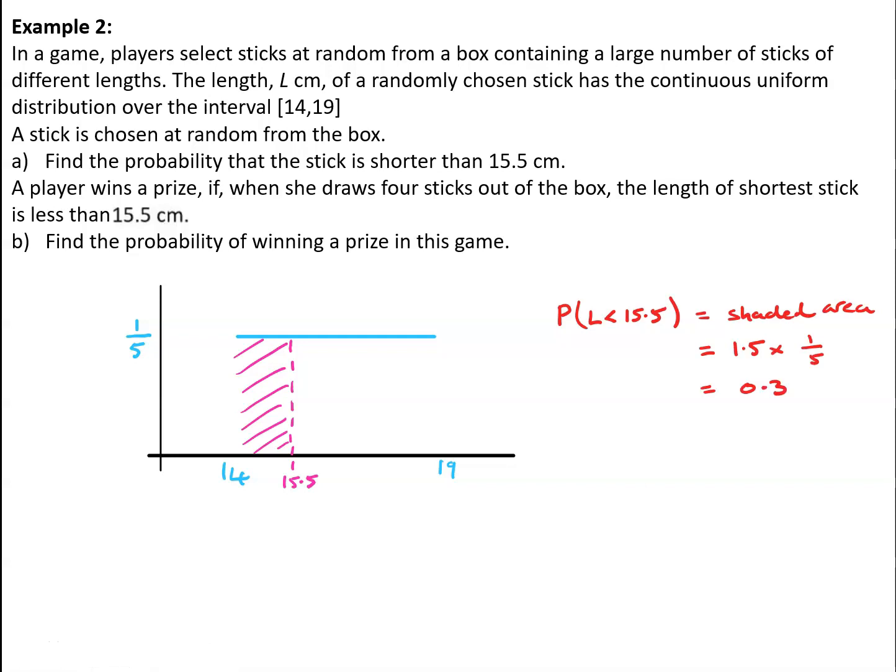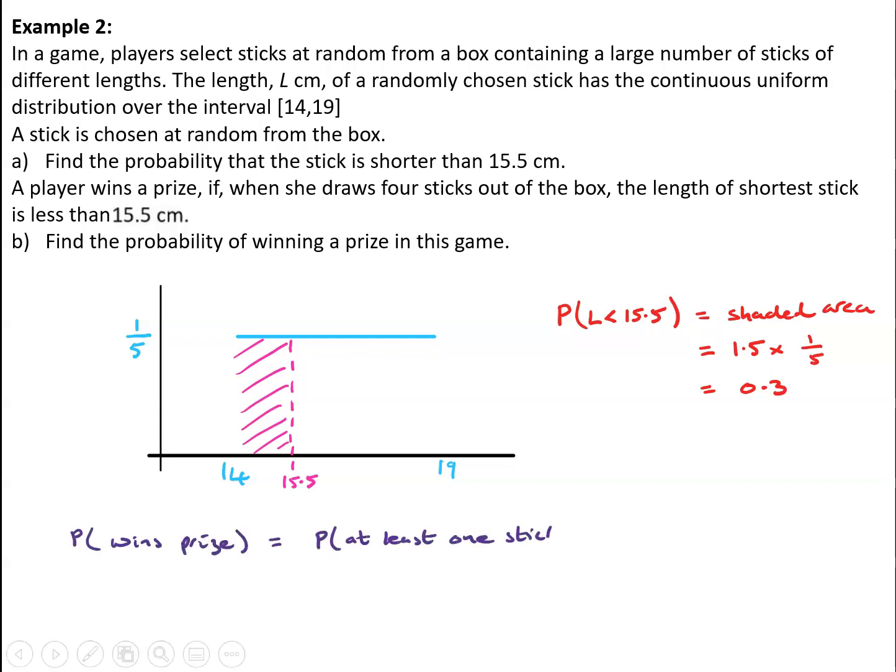Now, a player will win a prize in the game if, when she draws 4 sticks out of the box, the length of the shortest stick is less than 15.5 centimeters. We've got to find the probability of her winning a prize in this particular game.